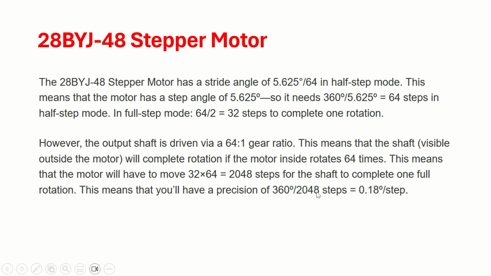And if you give 2048 such steps, then 360 divided by 2048, the displacement per step comes out to be 0.18 degrees. That means how accurately you can make a step. That is the key point here, why people prefer stepper motors.